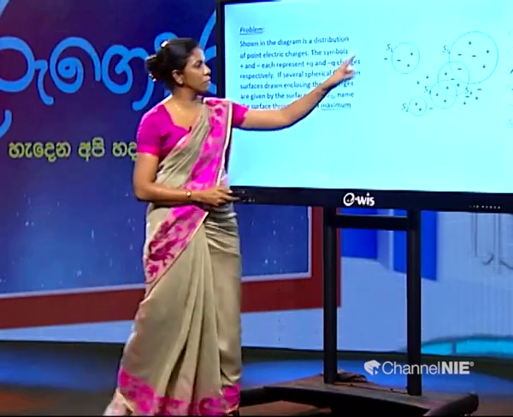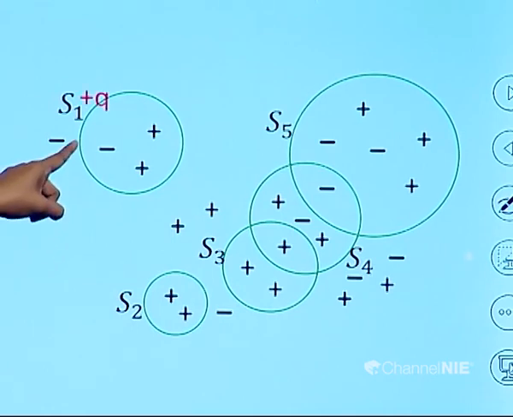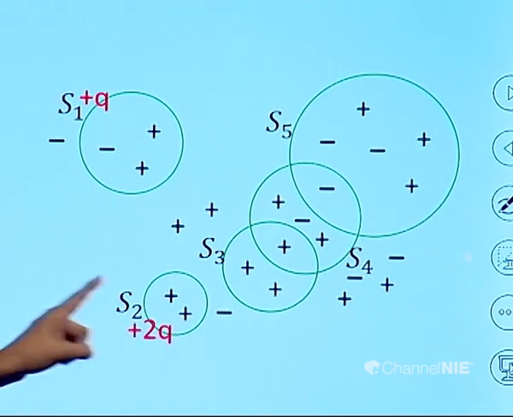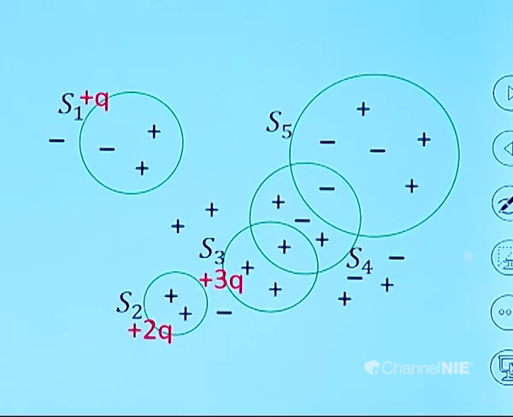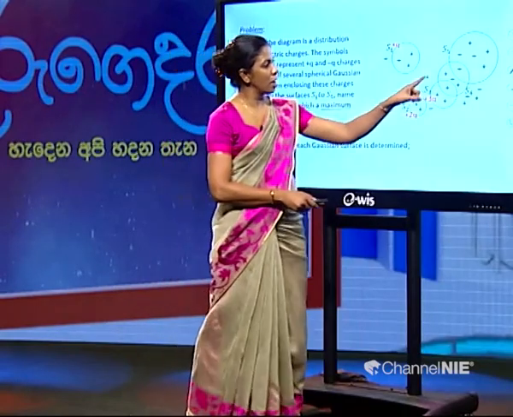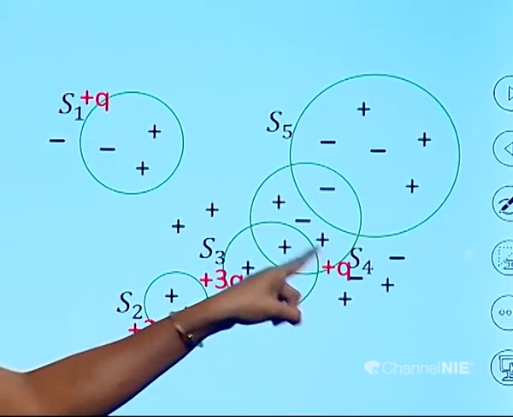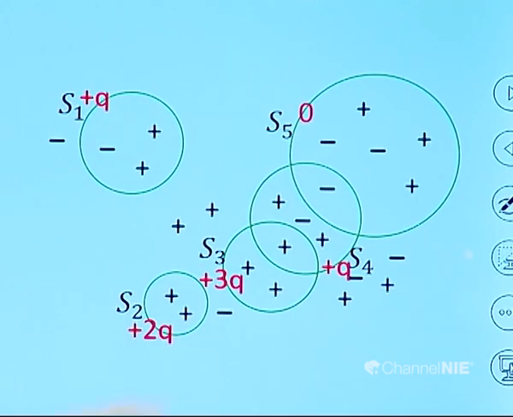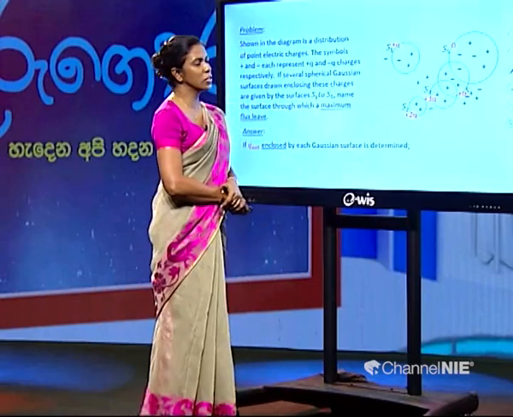So, let us see, in the first one there are 2 plus charges, 1 minus. So, the net charge that we have to find is, in the first one, plus q: 2 pluses, 1 minus. In the second one there are 2 positives, so plus 2q. In the third one there are 3 positives, plus 3q, and in the fourth one there are 3 positives and 2 negatives. So, altogether the net will be plus q charge, and in the fifth one equal numbers of positives and negatives leave 0 charge.